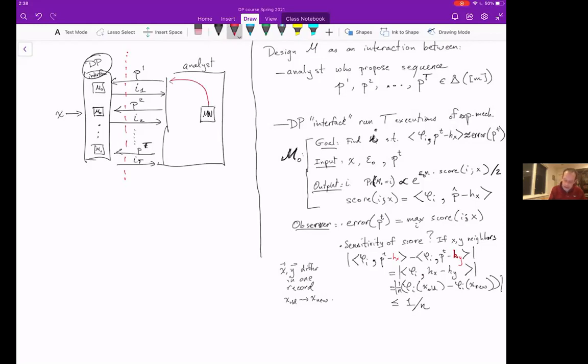Now we get back an index I1, and so we need to feed the multiplicative weights algorithm a cost vector, and the cost vector we're going to feed it is exactly the query identified by the exponential mechanism. The multiplicative weights algorithm will do an update and produce P2. And again, I will feed P2 to the interface and get back some I2. My second cost vector is going to be phi of I2, and so on and so forth.